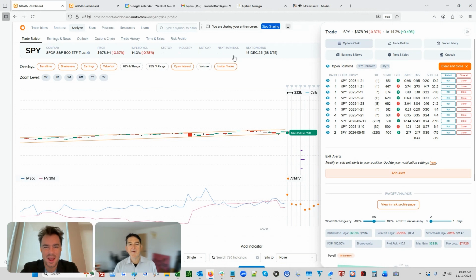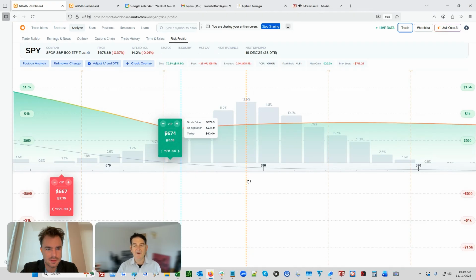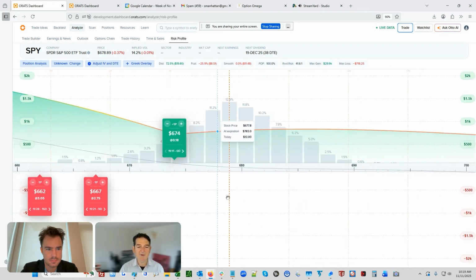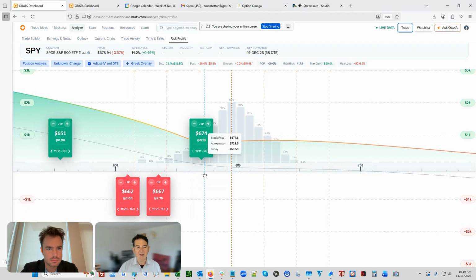I think we do it a good way, and the new risk profile tab is really going to help visualize that better. Right. It looks a little bit funny here, but eventually, when we can adjust all of the positions and get them all on one graph, it's going to be a lot more intuitive.